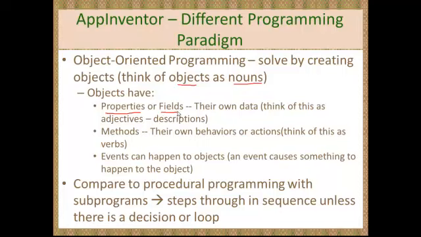The description of your object, I like to think of as adjectives in our grammar kind of comparison. And so the description of our objects, or the data that the objects contain, is attached to the objects, and we call those properties or fields. The behaviors, those tasks that we kind of broke things down into, they're still tasks.